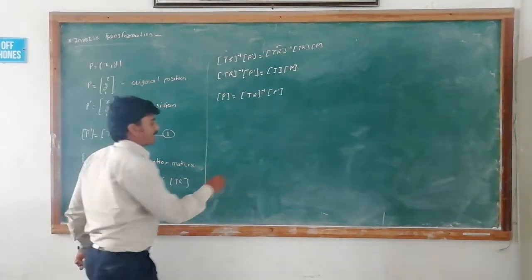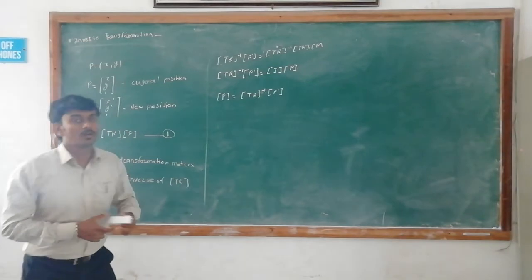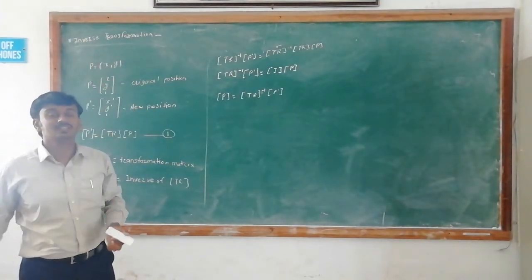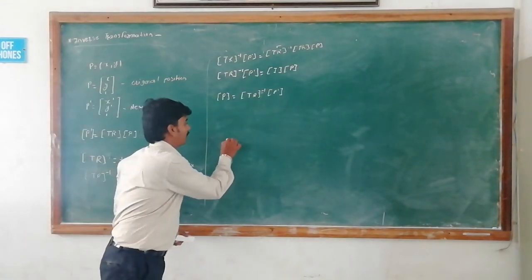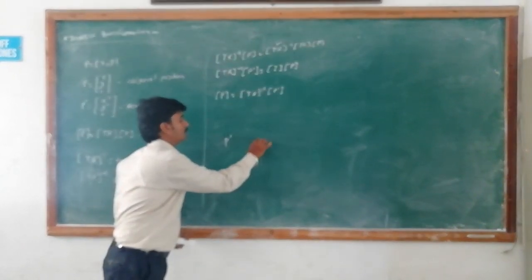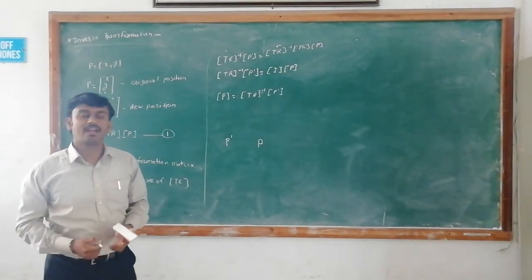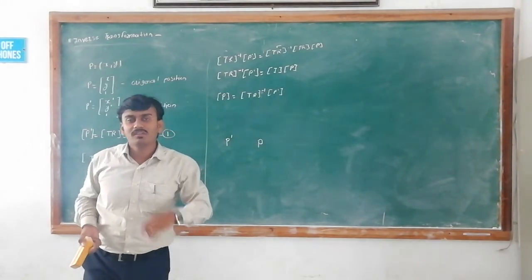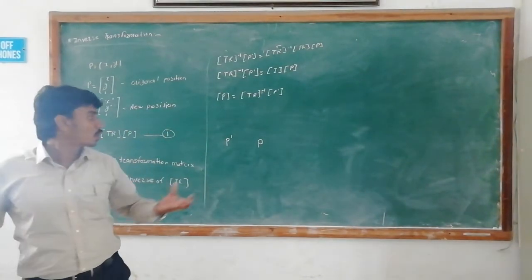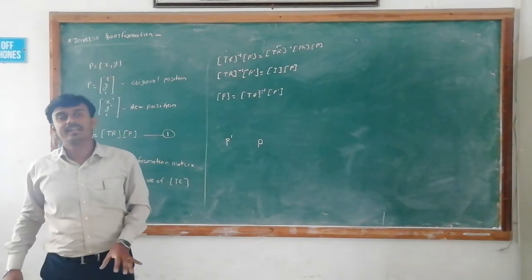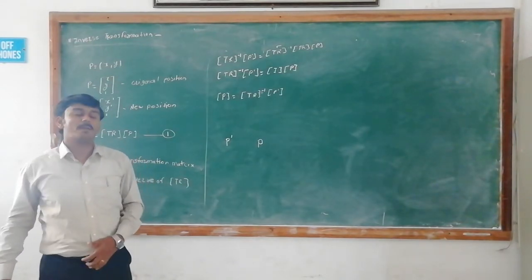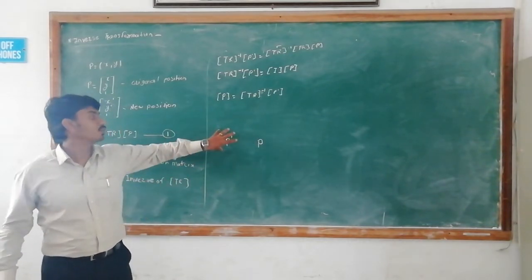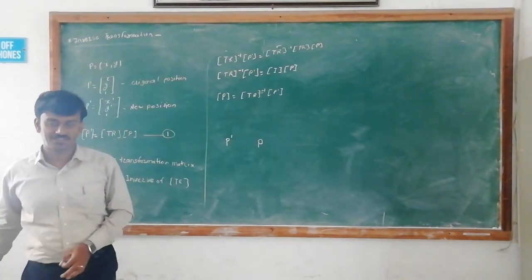What is the need of the inverse of the transformation? Before discussing the inverse transformation, we discussed the transformation. Suppose P dash is a new position and P is the original position of the point. If we are given that P is the original position and we perform some transformation operation, such as rotating the point P 30 degrees in a counterclockwise direction about the origin, then by using this information we can find the new position P dash.